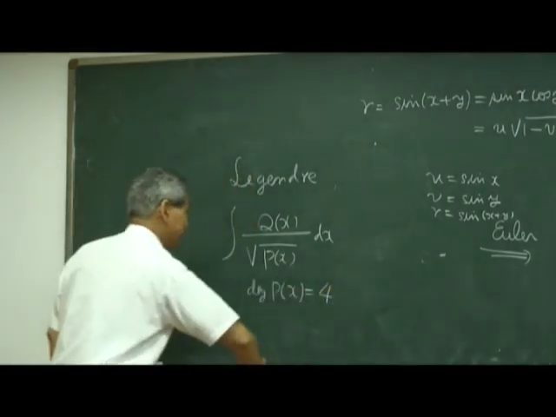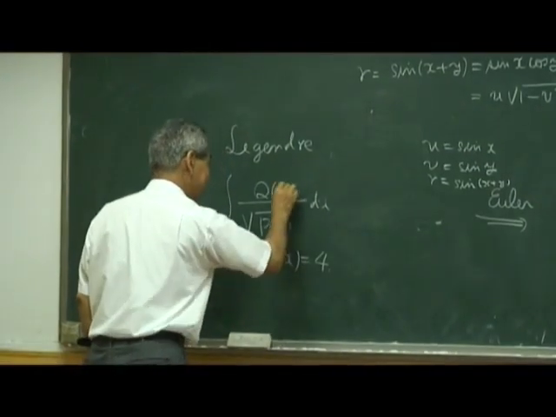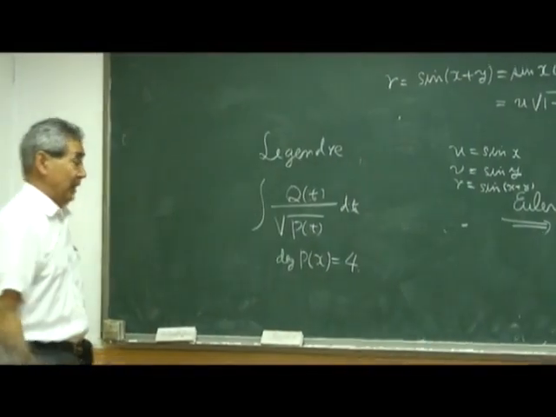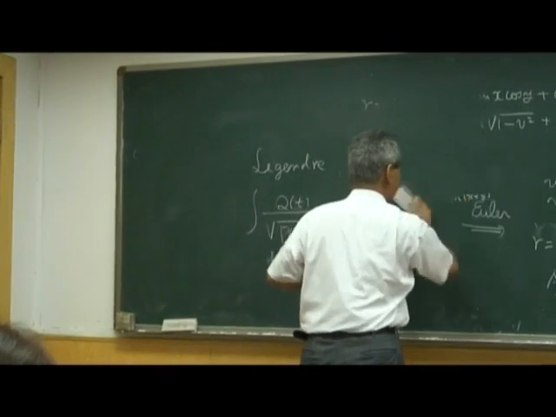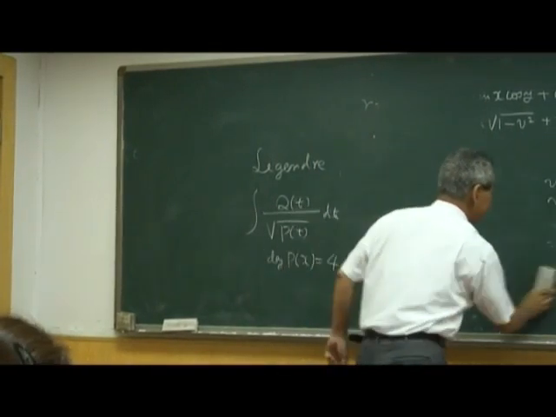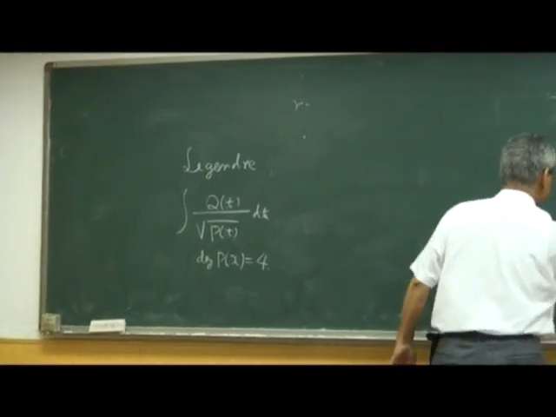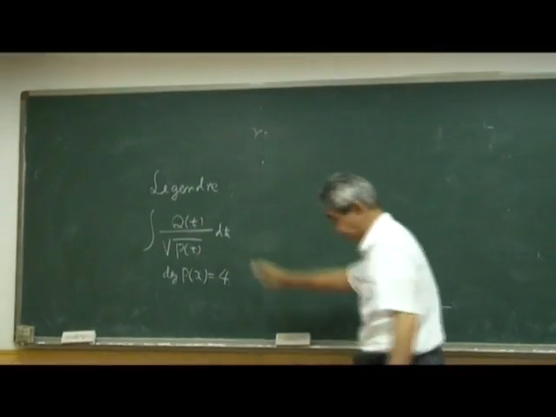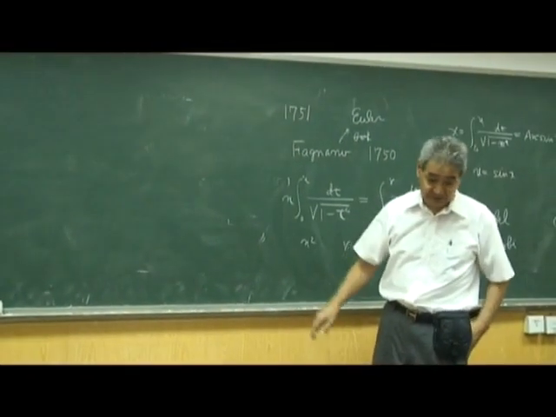Or maybe it's better to write it always with t, because x is used in a different way. He studied this integral carefully, and finally he could classify the most basic integrals of that form.